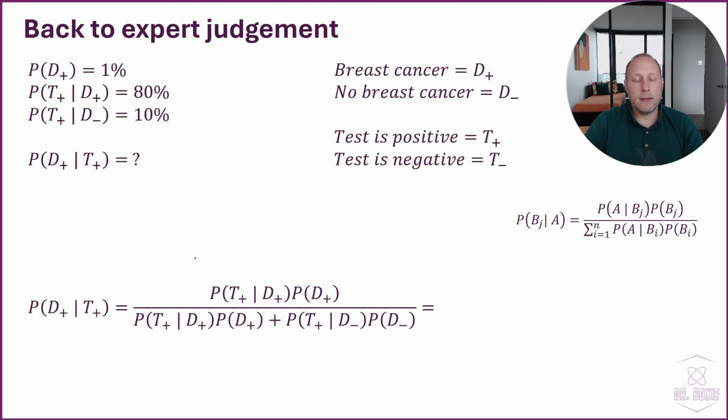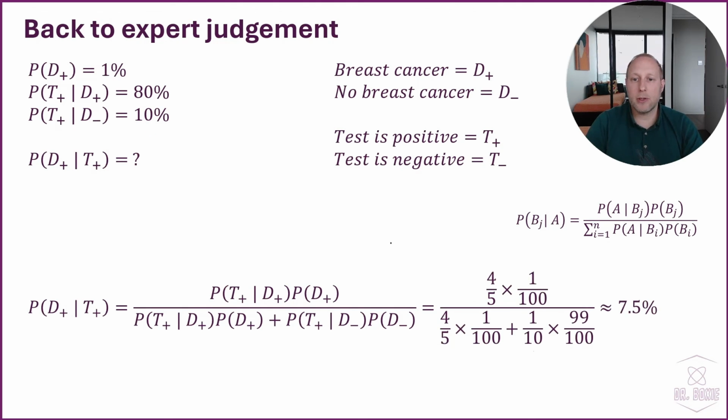The first term in the numerator will be the same. And the second term, we need P of T plus given D minus, that is 10%. And the probability of D minus: if 1% of the population has breast cancer, that means that 99% of the population does not. And so these are the numbers.